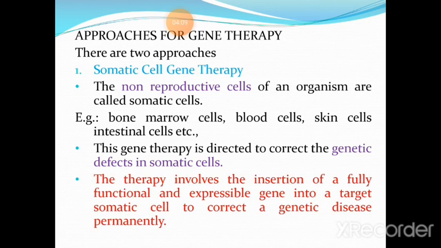The therapy involves the insertion of a fully functional and expressible gene, in the sense that produces a functional protein. Okay. So insertion of a fully functional and expressible gene into a target somatic cell to correct a genetic disease permanently.